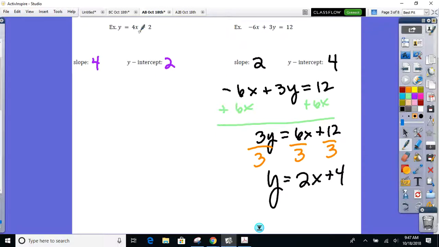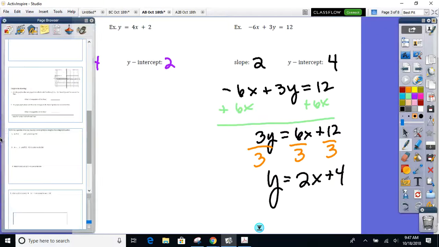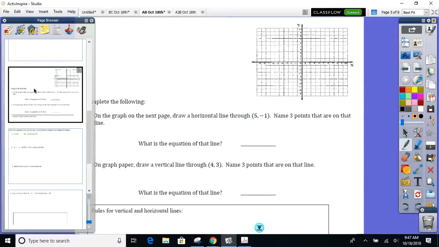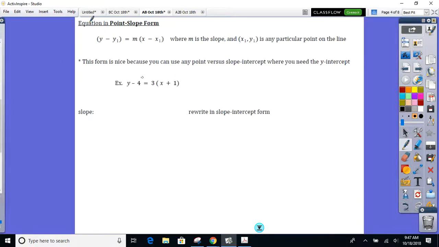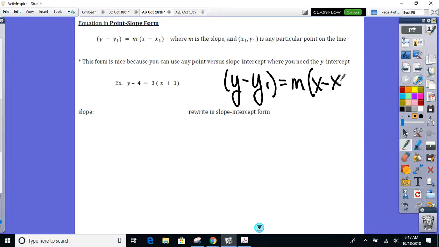One more form. I mean, this is maybe totally new to you. And that's called point-slope form. Okay, point-slope form. Let me just write this a little bit bigger here. What's the m represent? We know that part. That's the slope.